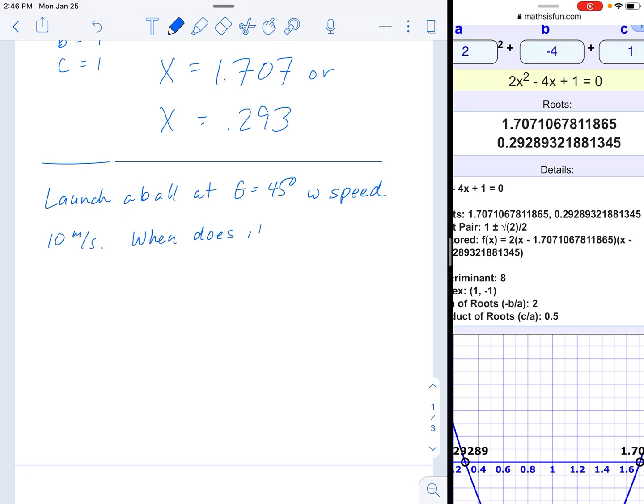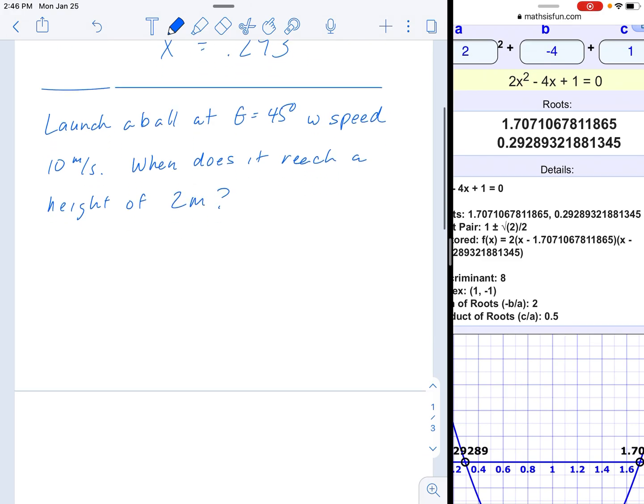When does it reach a height of 2 meters? So let's sketch this. So here's the ball. I'm launching it at 10 meters per second, 45 degrees. And in a different color, I'll sketch a path for the ball. There's the path for the ball.